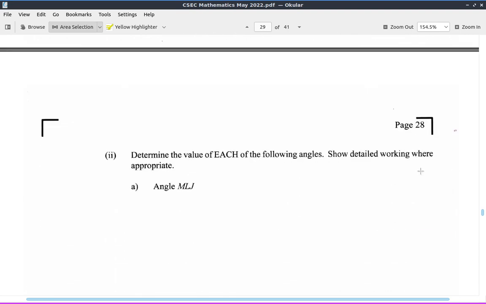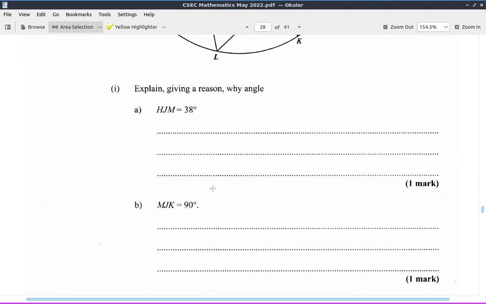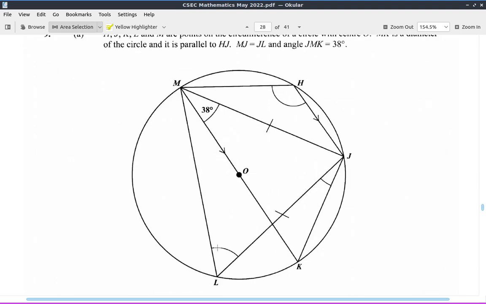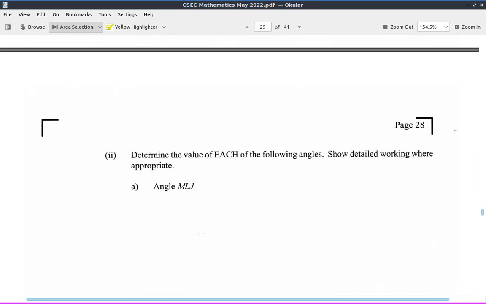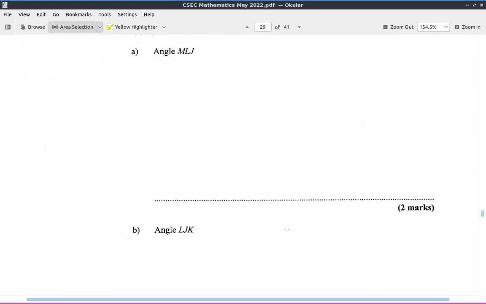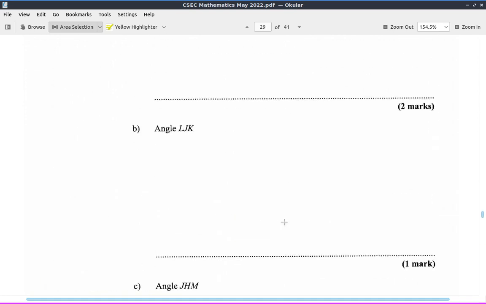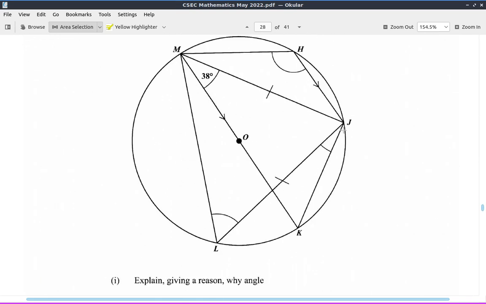Determine the value of each of the following angles, showing detailed working where appropriate. MLJ, LJK, you have to find those angles, and JHM.